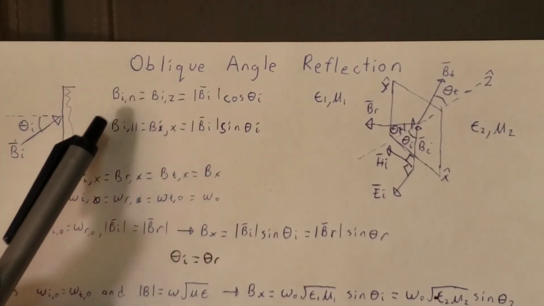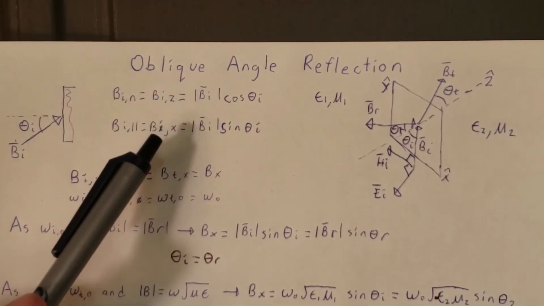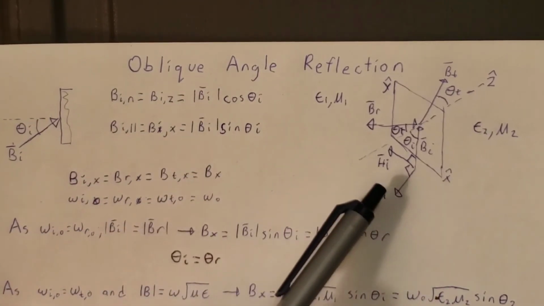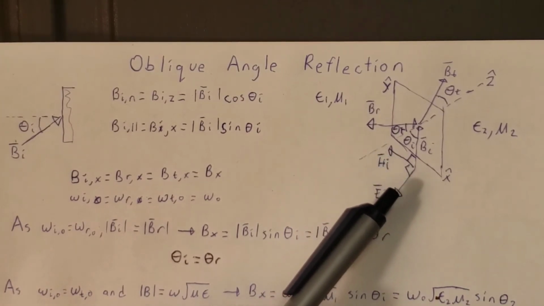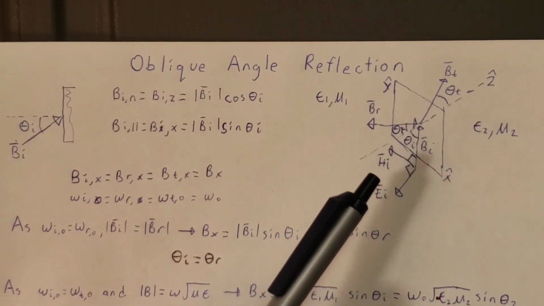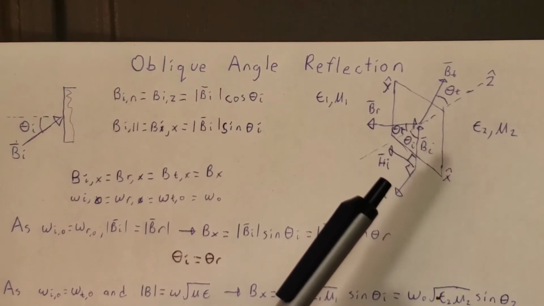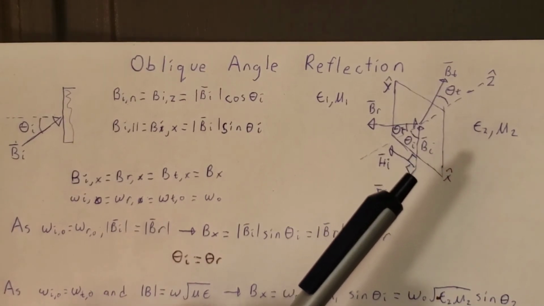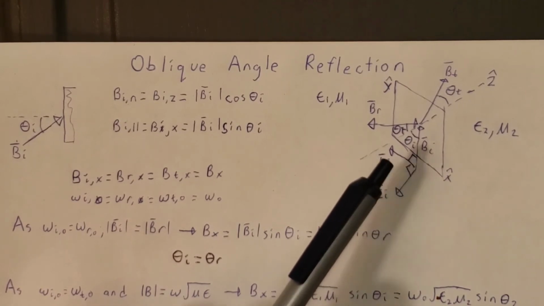Now, as the direction of propagation has a z and x component, this means that the electric and magnetic fields are no longer along the x and y axis, and rather a linear combination of x, y, and z. The only constraint for these is that the direction of propagation is mutually orthogonal to the electric and magnetic fields.